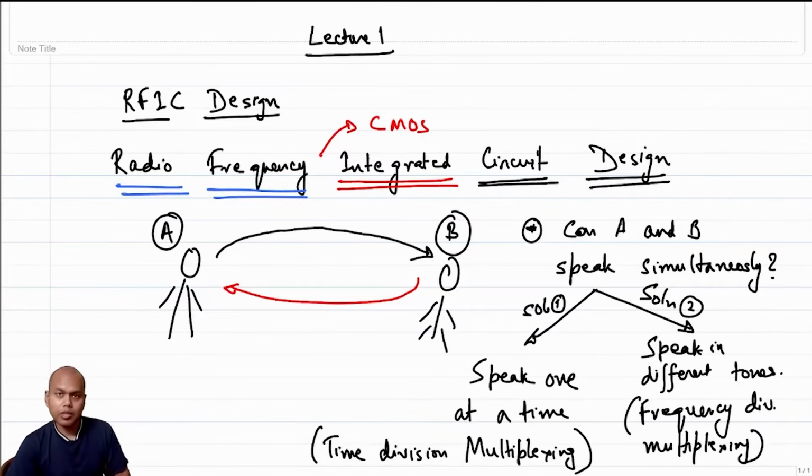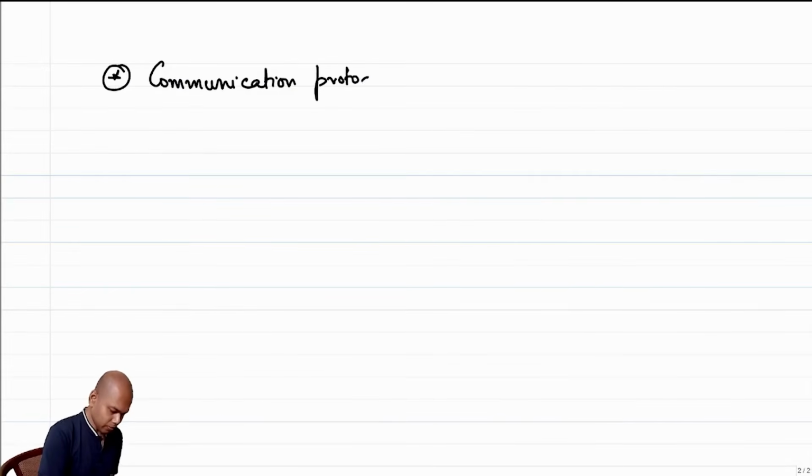So in this course, we are going to talk about some communication protocols, right? So what are you going to learn? What is the agenda? We are going to learn about communication protocols.